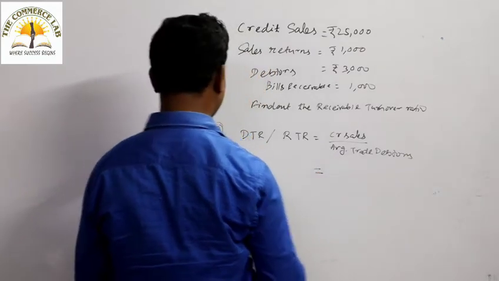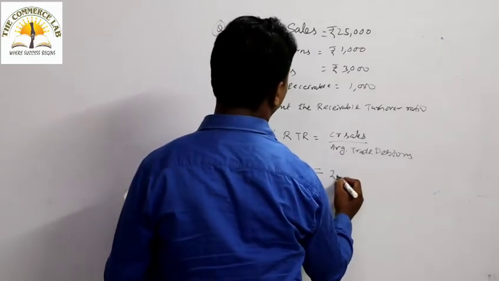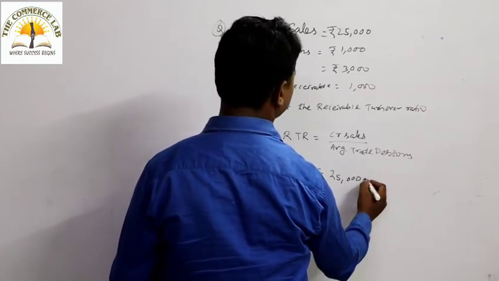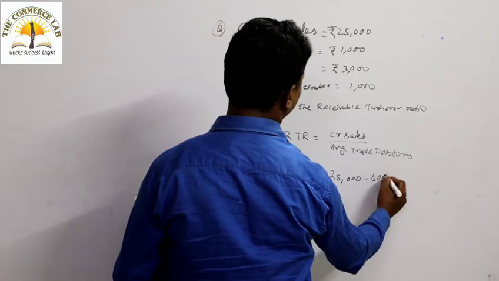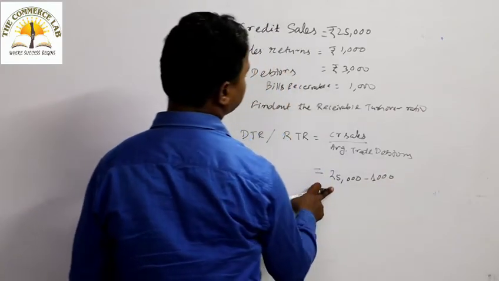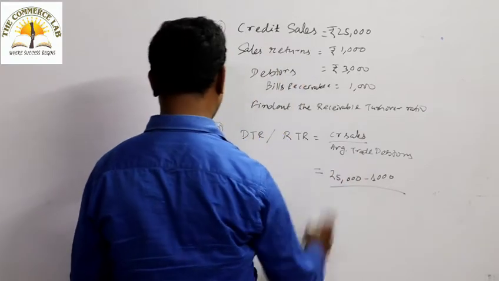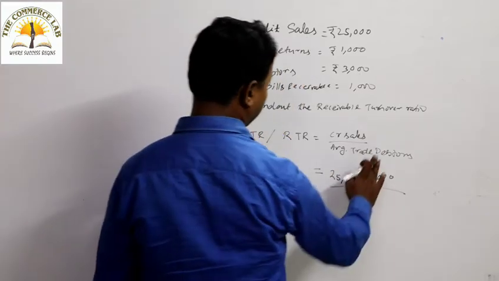So how much are the net credit sales? Look, 25,000 is the credit sales and the return is 1,000. How to calculate the average trade receivable?